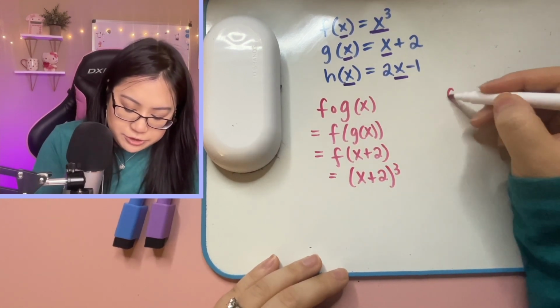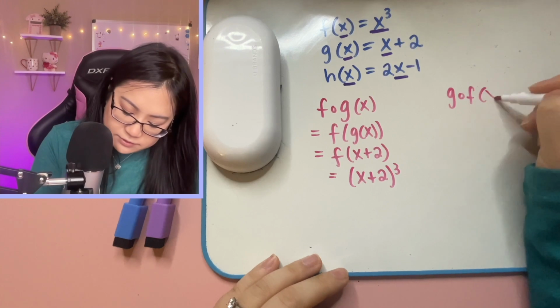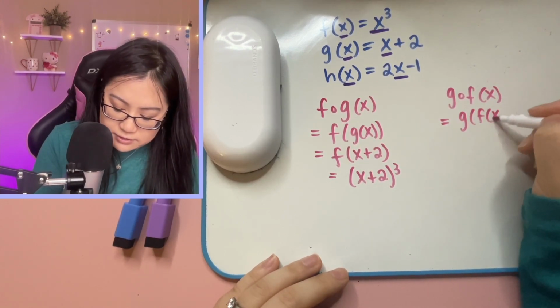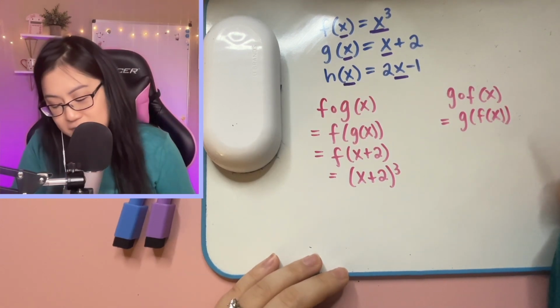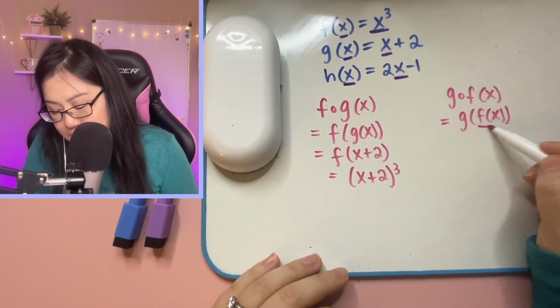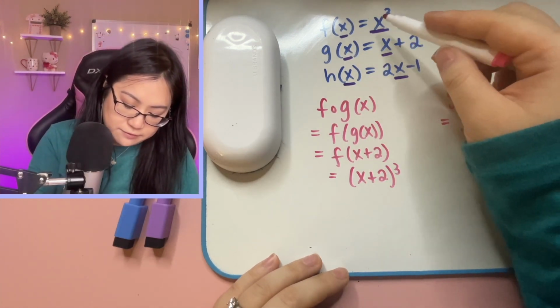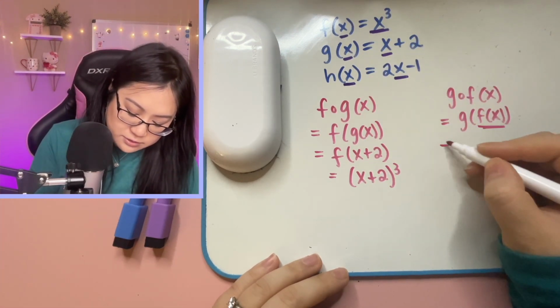So let's do g of f, so that's g of f of x. Okay, so this time we are inputting f of x into g of x. So f of x is x cubed.